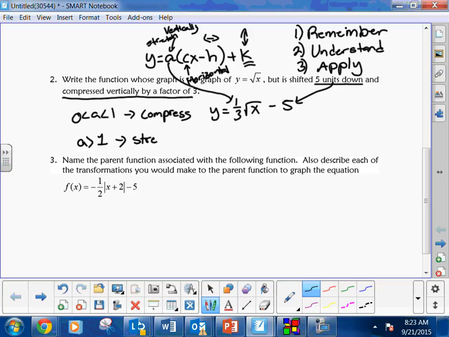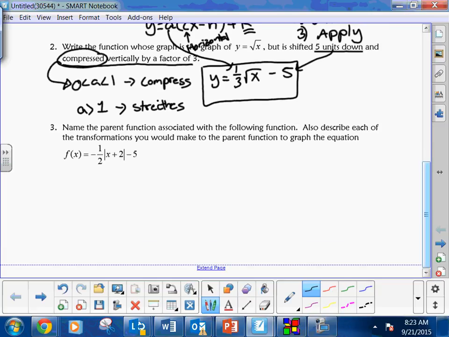So in order to have a vertical compression, we have to apply a third. So here's our equation, and that will be our answer. If they would have said vertically stretched by a factor of 3, then the a would have been 3. But since they're looking for a compression, we apply this one. Okay, lovely. Let's move on to number 2.